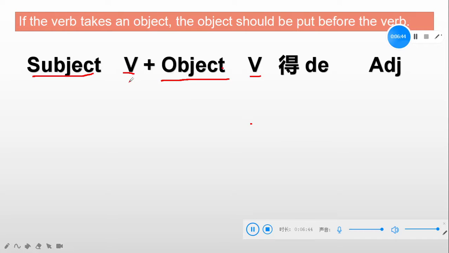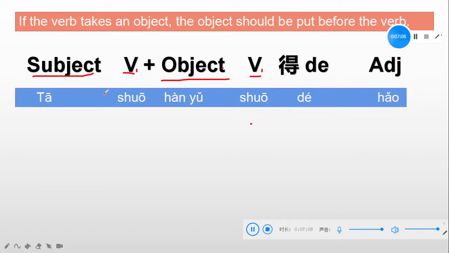Pay attention. This is verb 1, and this is also verb 1. These two verbs are the same. And then 得, with an adjective. It seems a bit harder than the basic sentence structure, but when you see some examples, you will realize it is not difficult. Alright, example 1.